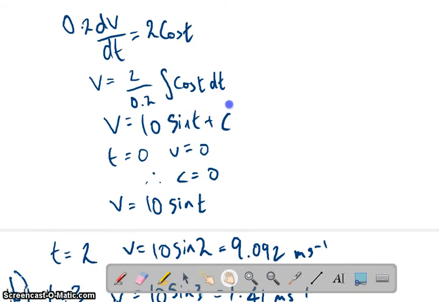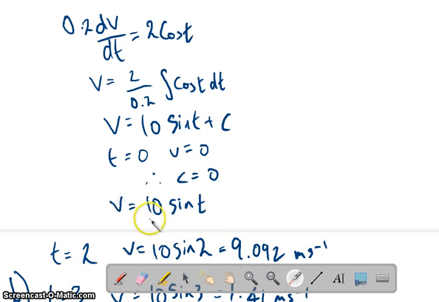So when we try and find out the constant, we integrate cos t obviously, and that gives us sine t. And the constant c is found using the initial conditions, so when time is equal to 0, the velocity is equal to 0, and so in this case the constant is also equal to 0. Happy days.